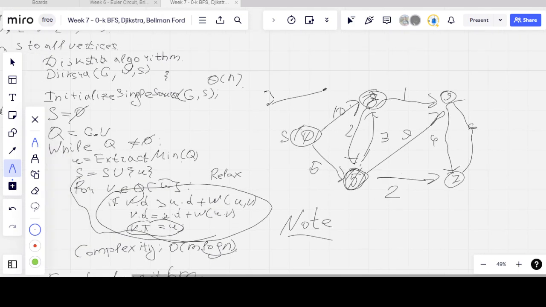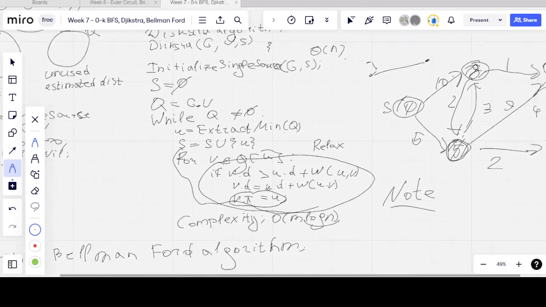That's why this algorithm doesn't work for graphs with negative cycles.